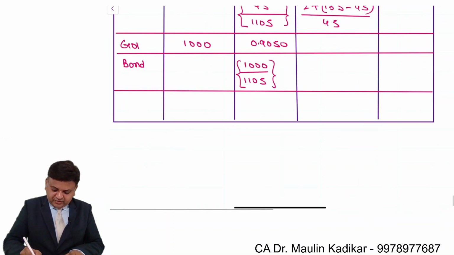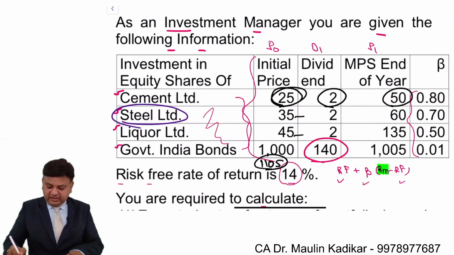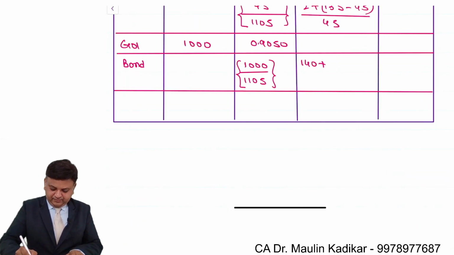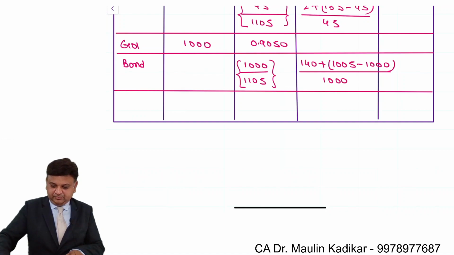The return will be 140 rupees of the dividend plus, okay, this P1 is 140. I'm sorry, D1 is 140. P1 is 1005 minus 1000 whole divided by 1000 into 100 for getting answer in percentage term.